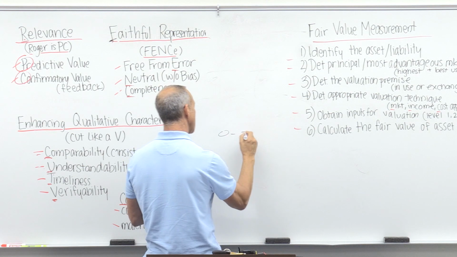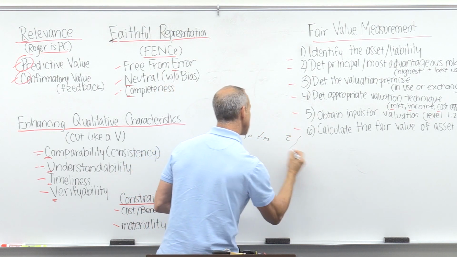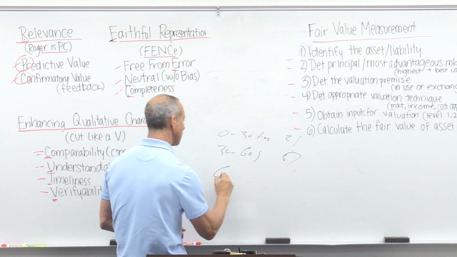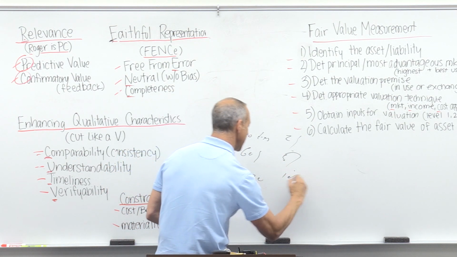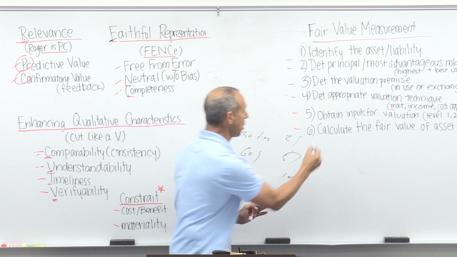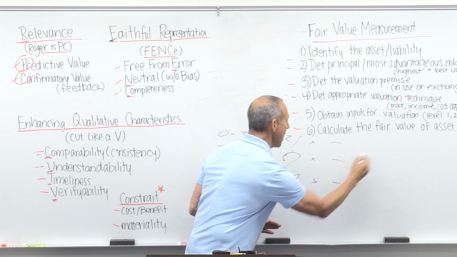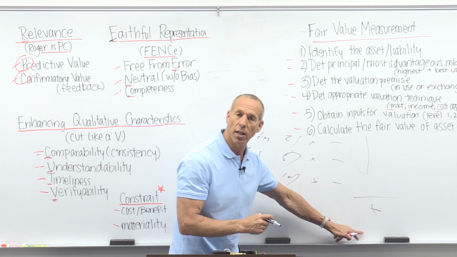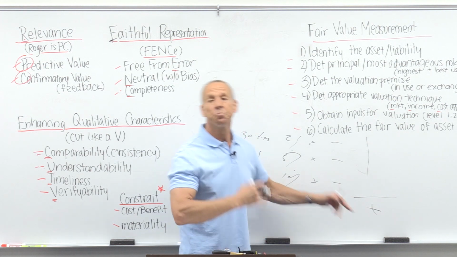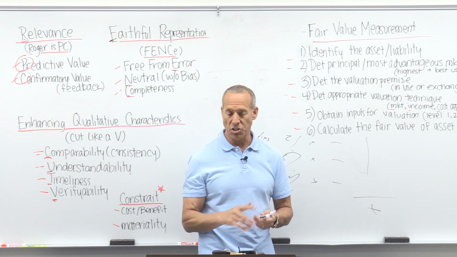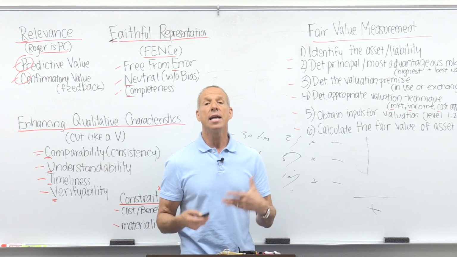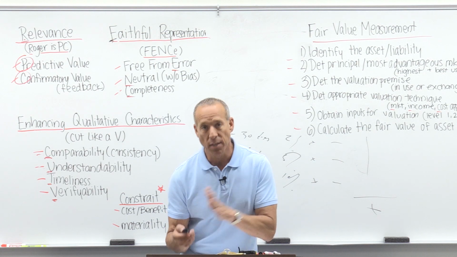So if it's 0 to 30 days, 2% is uncollectible. 30 to 60 days, 5% is uncollectible. 60 to 120 days, 10%. And then you'll multiply that times the balance, and that'll give you what your target amount is. That's how much my credit loss allowance balance should be. What do I have? The difference would be the adjustment. So again, we're trying to figure out how much we're going to need in order to account for that difference.